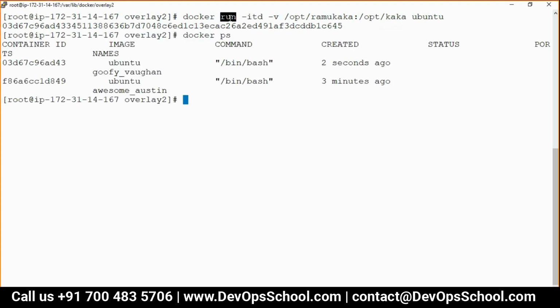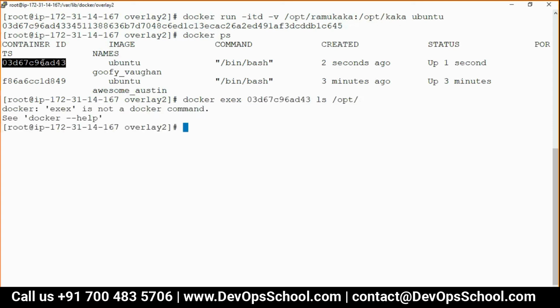And now, in this container, docker exec container ID ls opt. See here, Kaka is there.